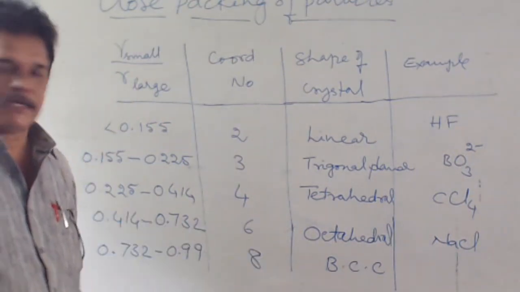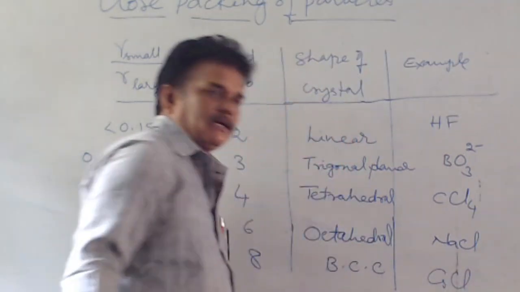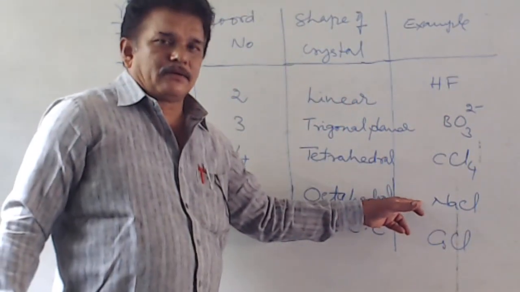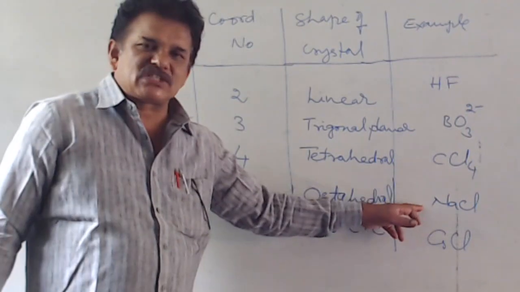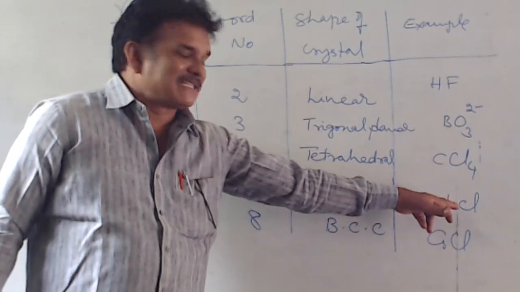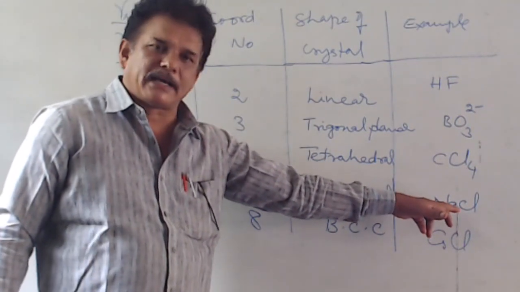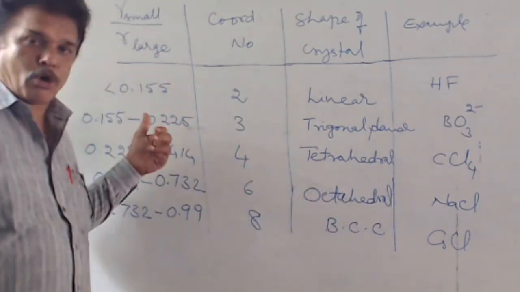Example, cesium chloride. In NaCl, the coordination number is 6, meaning each Na plus ion is surrounded by 6 Cl minus ions, and each Cl minus ion is surrounded by 6 Na plus ions. So that is meant by coordination.